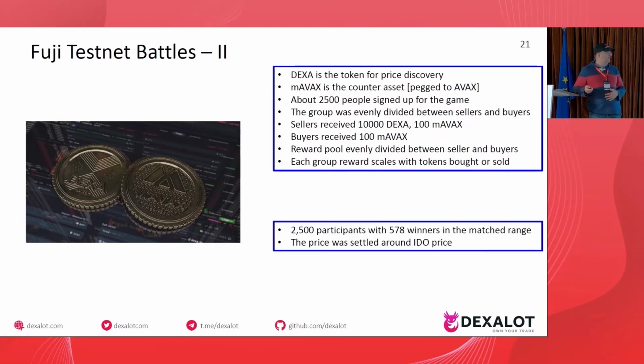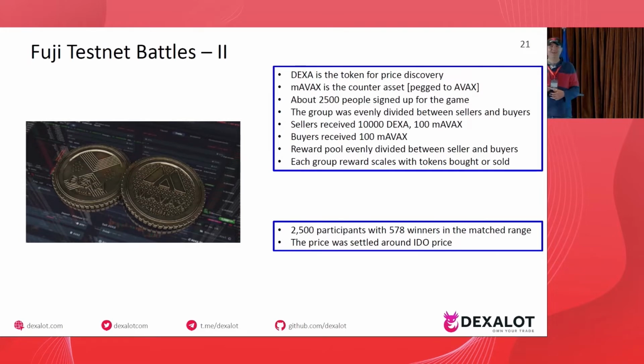We improved somewhat the absolute number, but the ratio is still 5 to 1 in the winners. I gave the answer already. The price settled on the IDO price. It's a learning process. It took us 3 times to get it right.